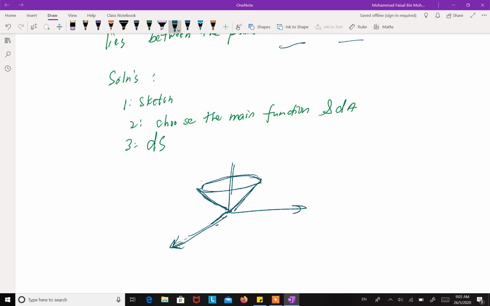I should draw a bigger cone so that you can see the planes.